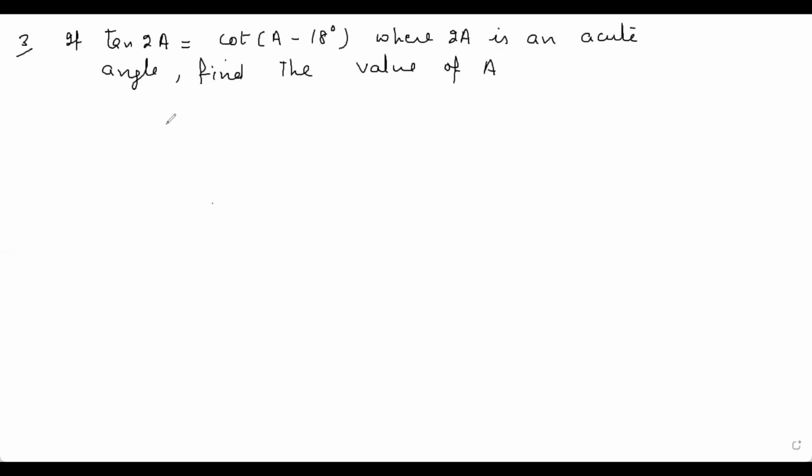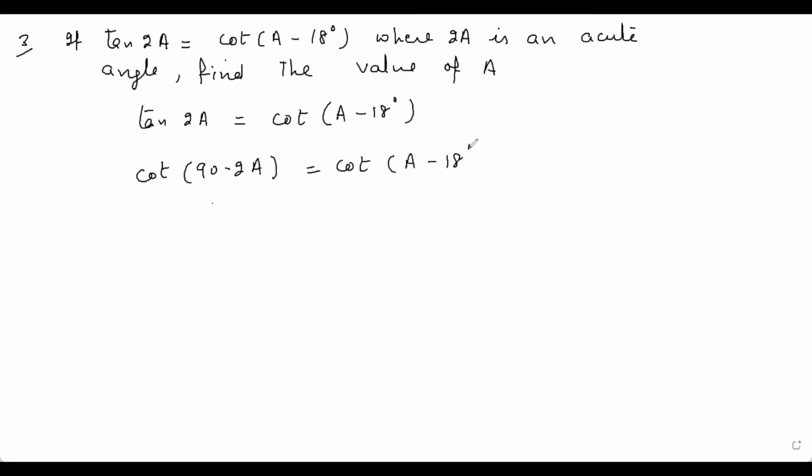The question is, if tangent 2a is equal to cot a minus 18 degree, where 2a is an acute angle, find the value of a. Tangent 2a is equal to cot a minus 18 degree. Tangent 2a can be written as cot 90 minus 2a is equal to cot a minus 18 degree.